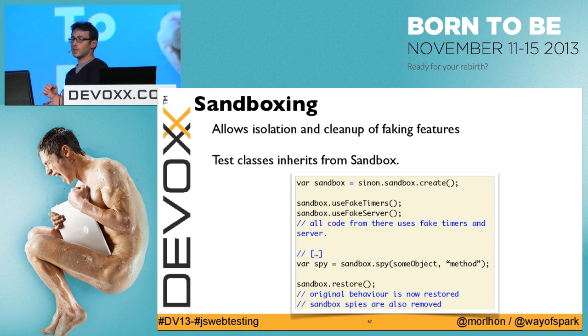So you can manually declare a sandbox and use it, but the test frameworks which use Sinon use it internally to restore after. For example, in QUnit, you use the sandbox in the setup method, and you choose to restore the original features in the teardown.